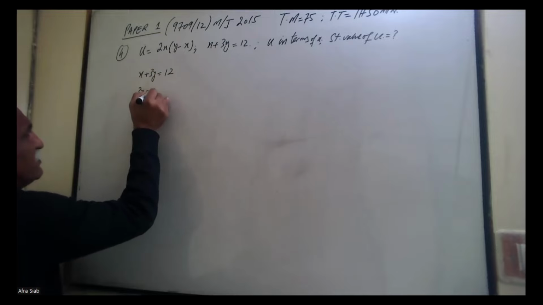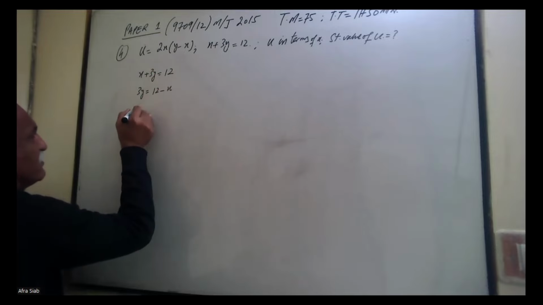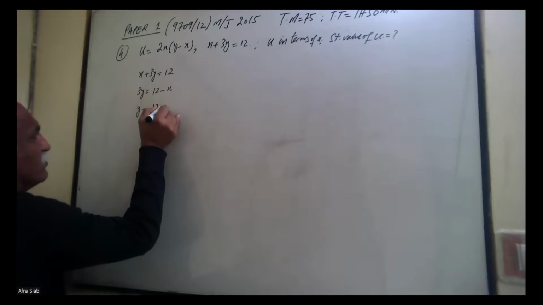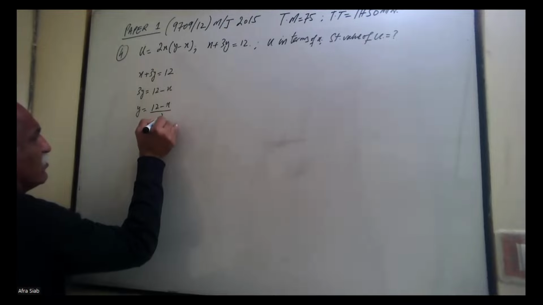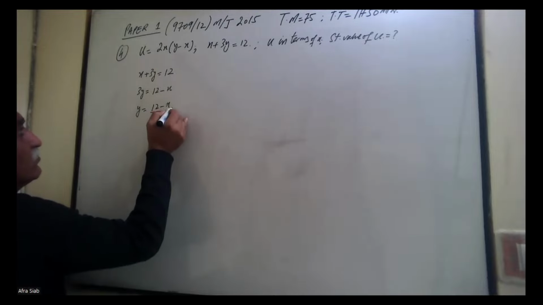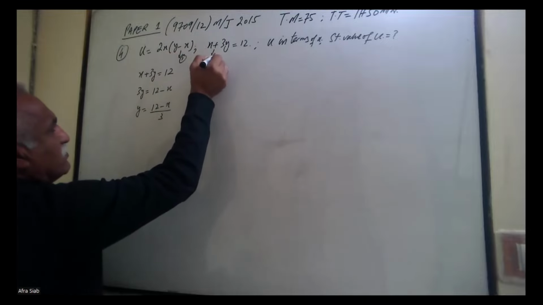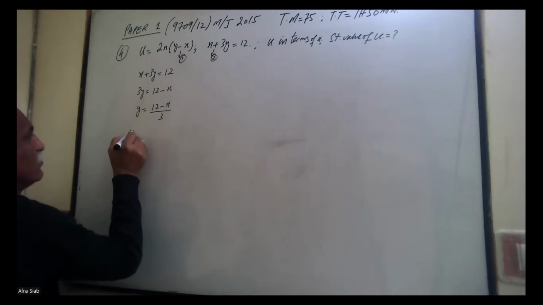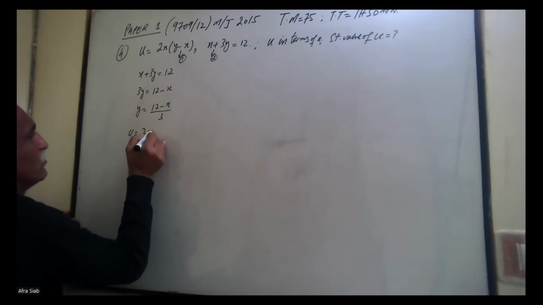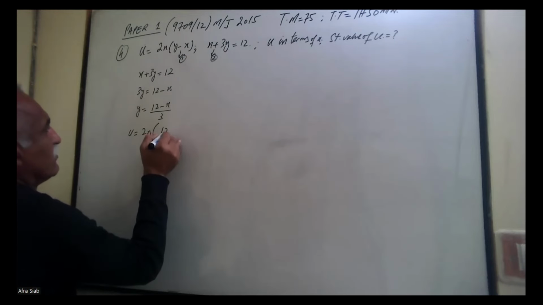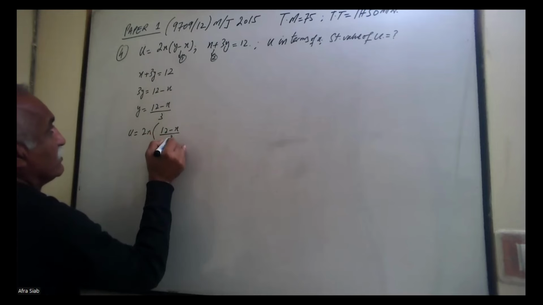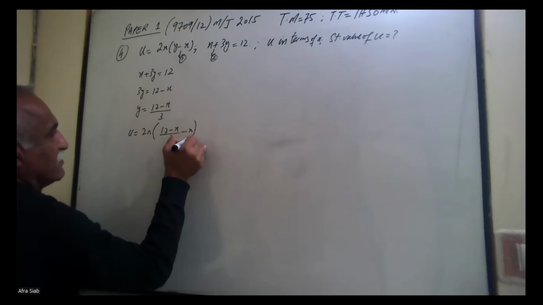Then 3y is equal to 12 minus x, or y is equal to (12 minus x) over 3. So we put this into equation number 1. So u is equal to 2x into ((12 minus x) over 3 minus x).